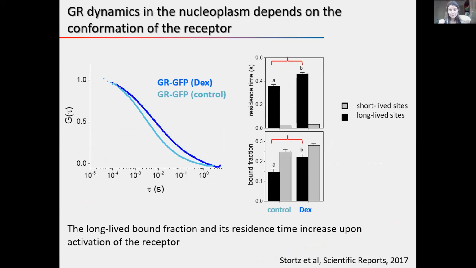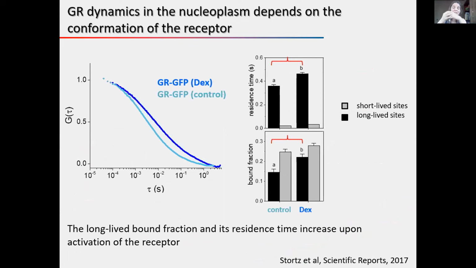We did that. Here you can see a nice example. We did this analysis with the ACF curves of the GR. You can see that the activation of the receptor leads to an increase in the amount of receptors bound to these long-lived sites, and also an increase in the time they spend attached to these sites.